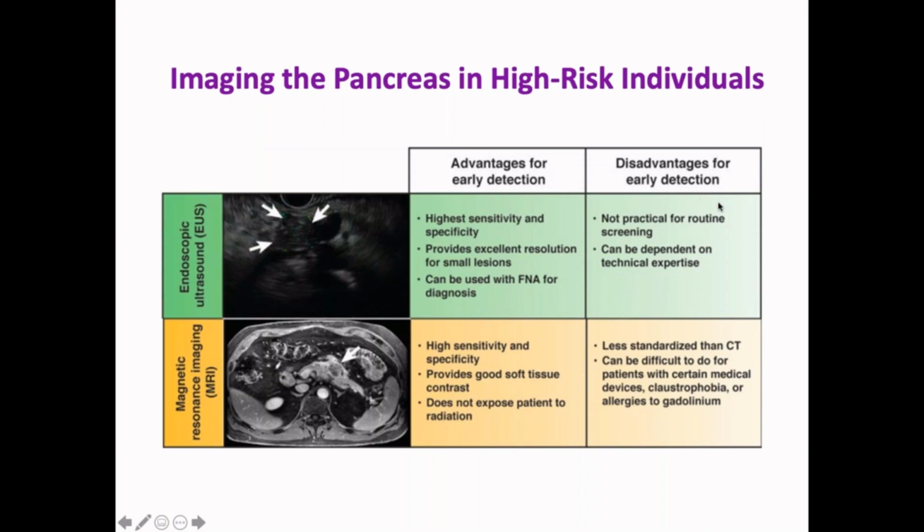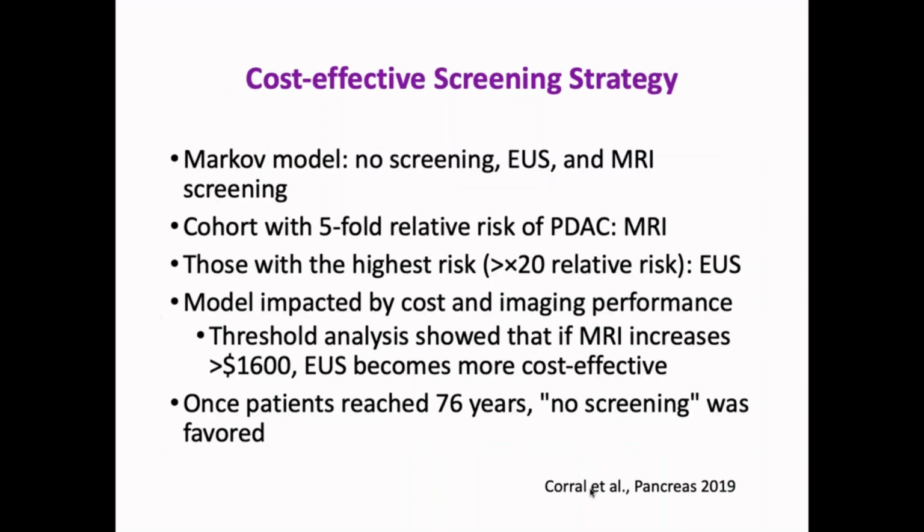And a few of the disadvantages here, focusing predominantly that technical expertise is very important with endoscopic ultrasound, and what we do right now is actually recommend that we could alternate between these two modalities in imaging.